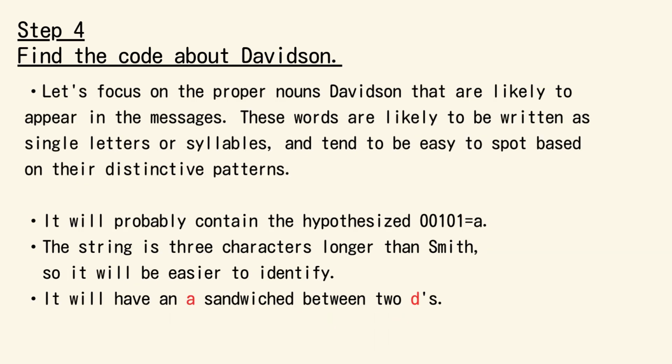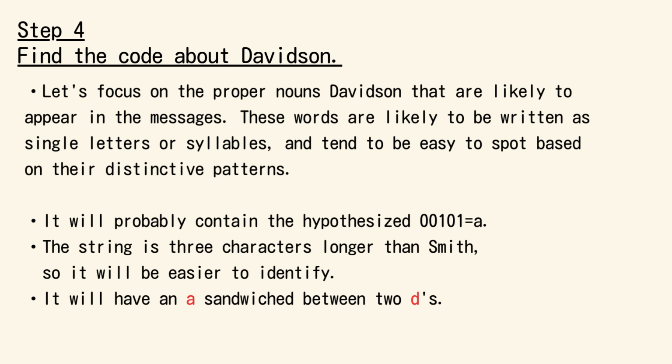Step 4. Find the code about Davidson. Let's focus on the proper noun Davidson, which is likely to appear in the messages. These words are likely to be written as single letters or syllables, and tend to be easy to spot based on their distinctive patterns.